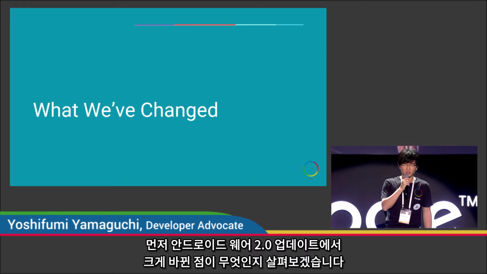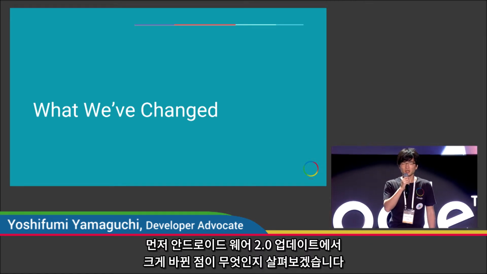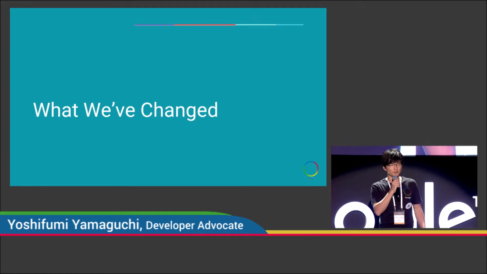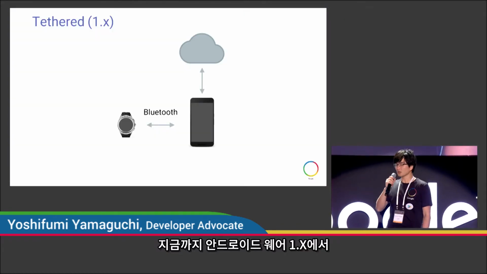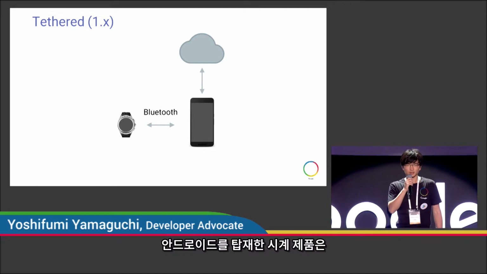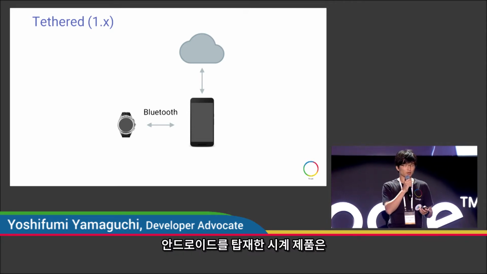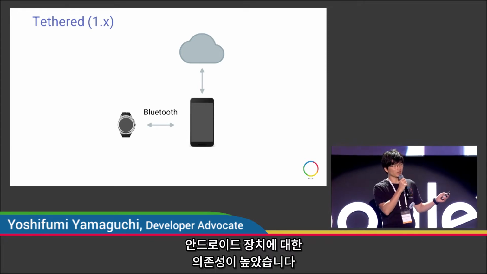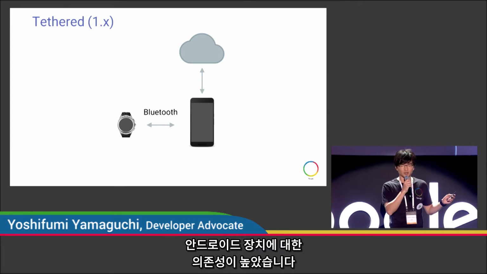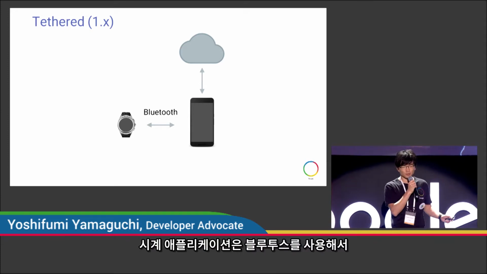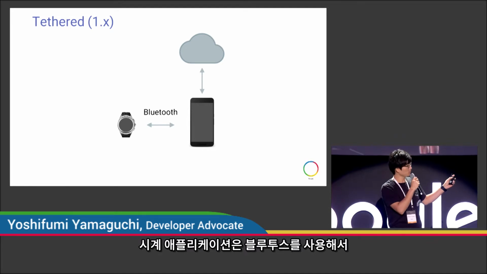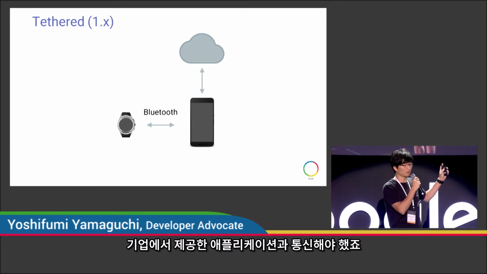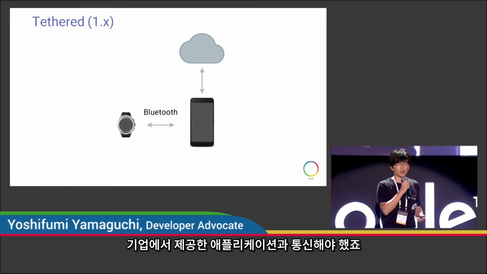So let's start from the summary of the main changes in the 2.0 update. So far, under Wear 1.x, we started out with the watches being very reliant on the Android devices, using Bluetooth, and the watch application had to talk with a phone application, the companion application.